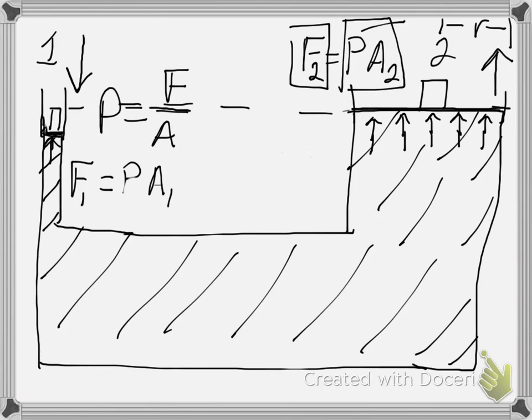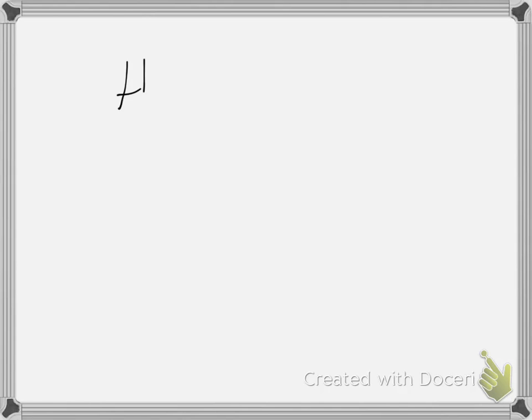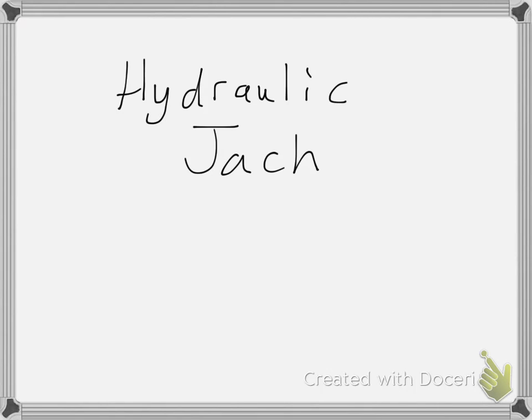So this change in pressure is going to exert a very large force upward, so I can lift things like cars or trucks or boulders. This is the working principle behind the hydraulic jack.